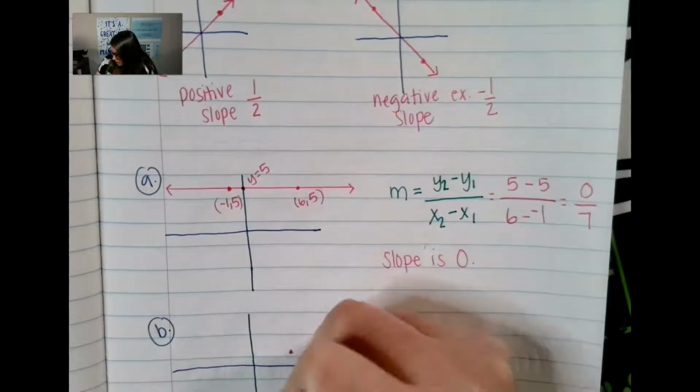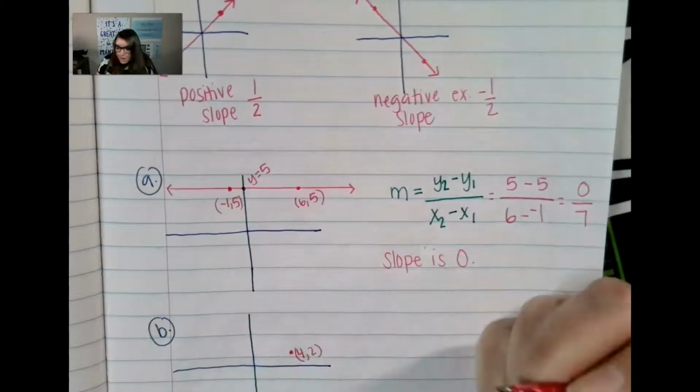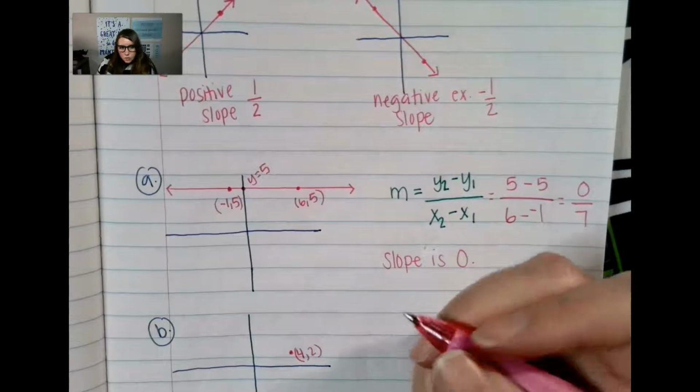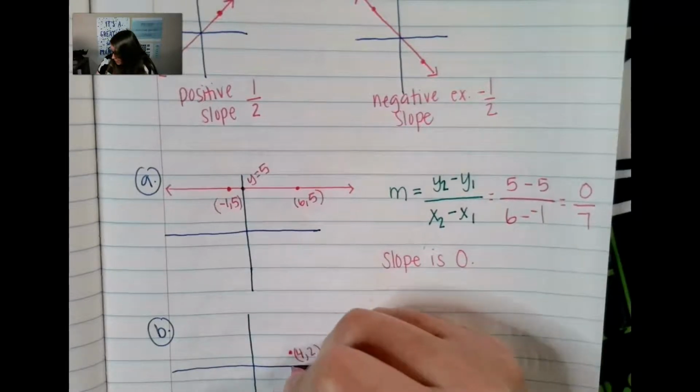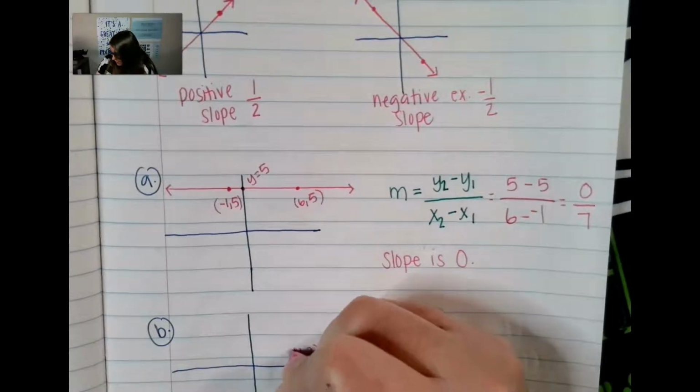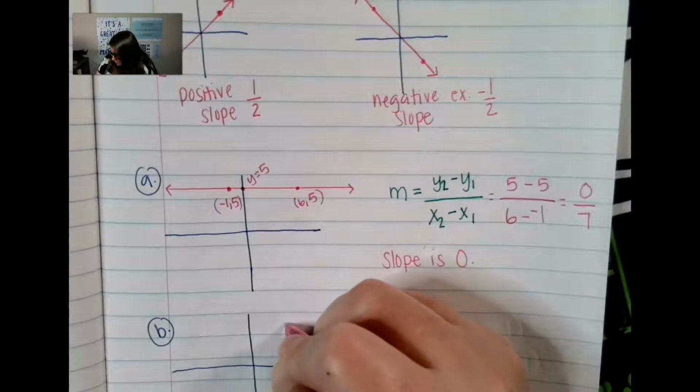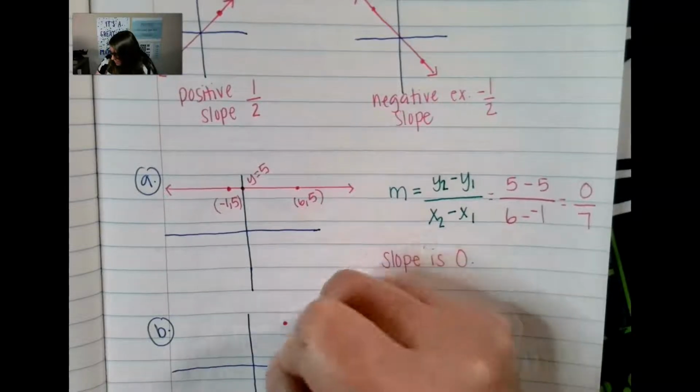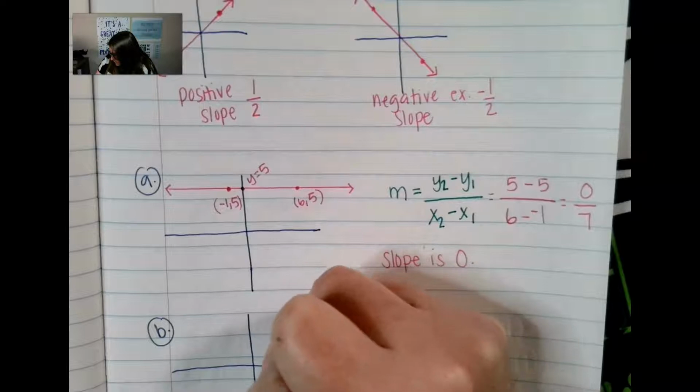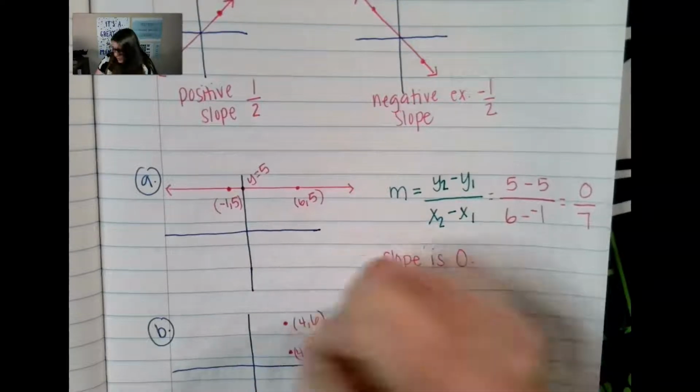So there's 1 dot. So there's 4, 2. And my next dot is 4, 6. So again, I'm going to go over to 4, and I am going up to 6, right about there. And so this one is 4, 6.